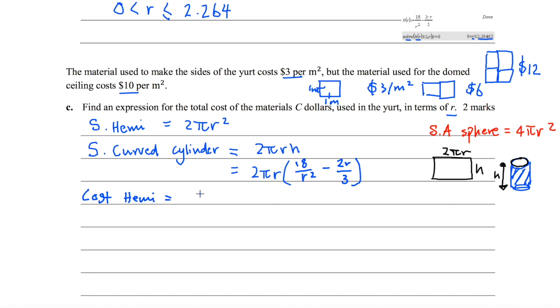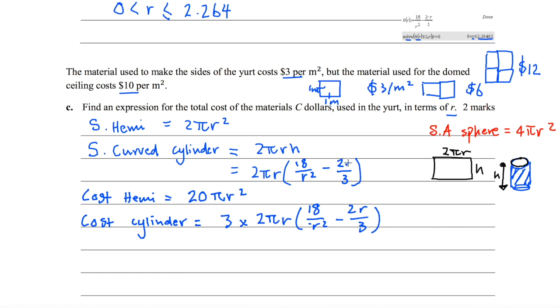So we just need to multiply that by 10. So it's 20 pi r squared. All right, the next one's a bit trickier. So it's the cost of the cylinder part. Well, it's just $3 times 2 pi r times 18 on r squared minus 2r on 3. All right, good.